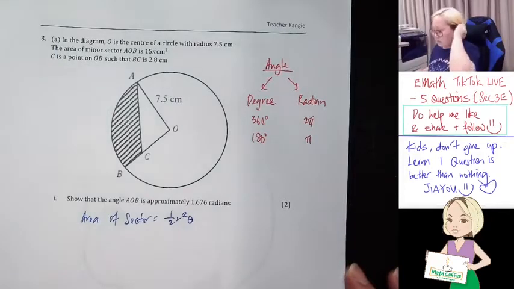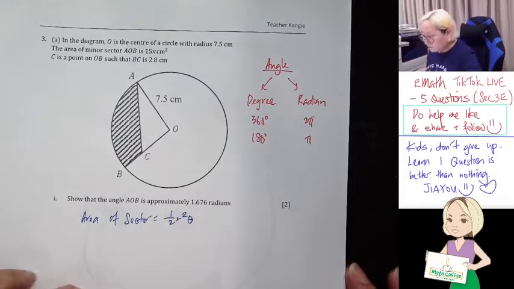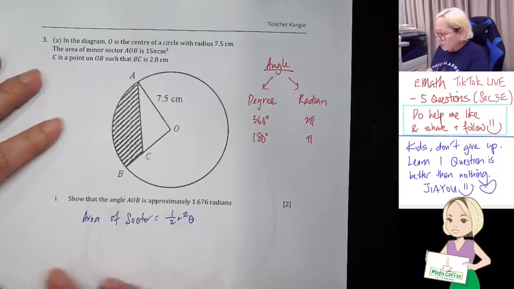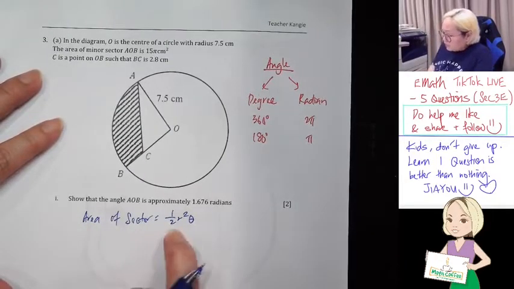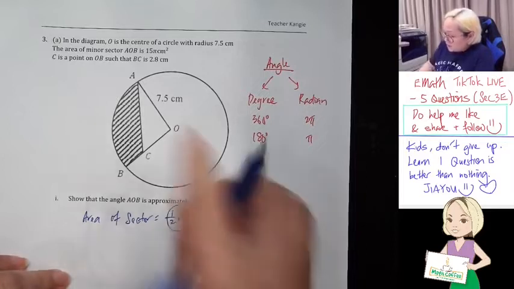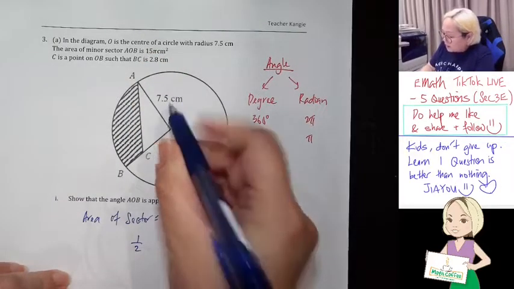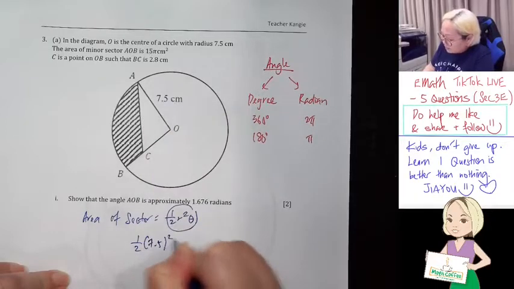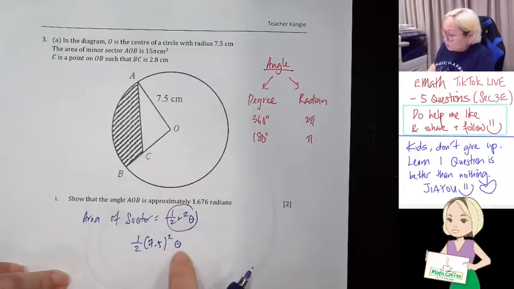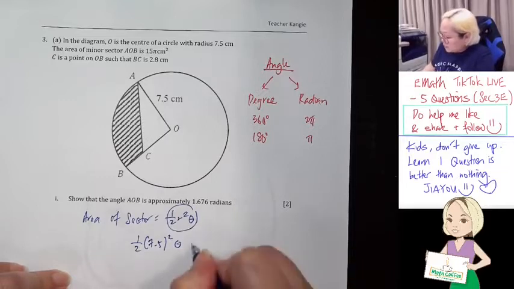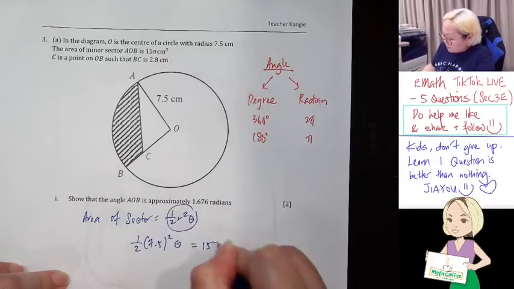I let this equal 15 pi. Half r squared, my r is 7.5, so it's 7.5 squared. Theta is the unknown. I'm supposed to find out what my theta is. So equals 15 pi.